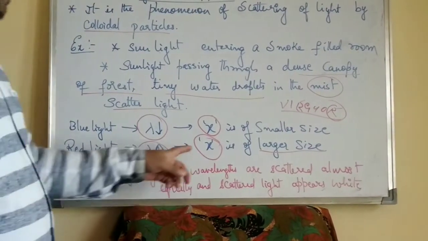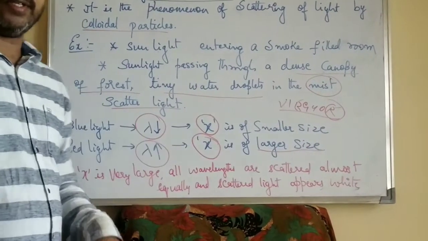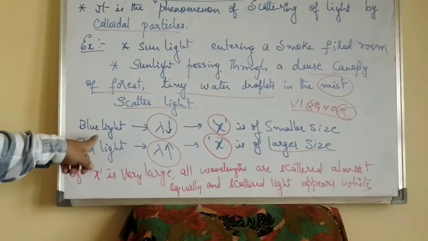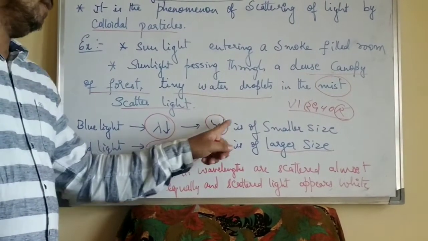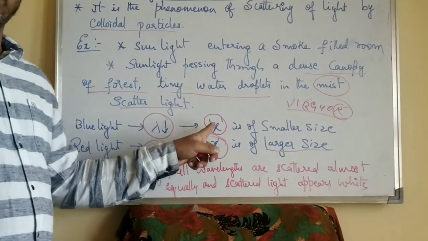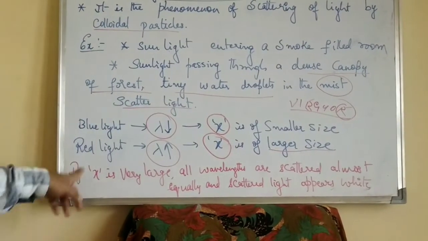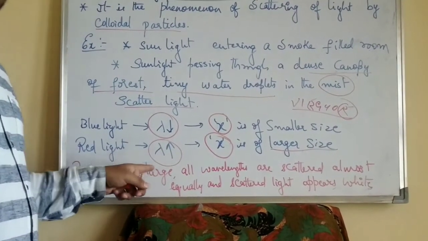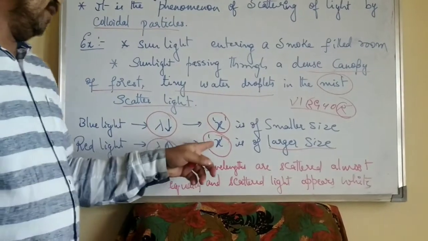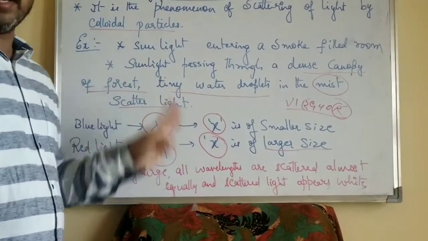So, very important: blue light with the lesser wavelength requires the scatterer's size to be small, while red light having the greater or maximum wavelength requires the size of the scatterer to be large.